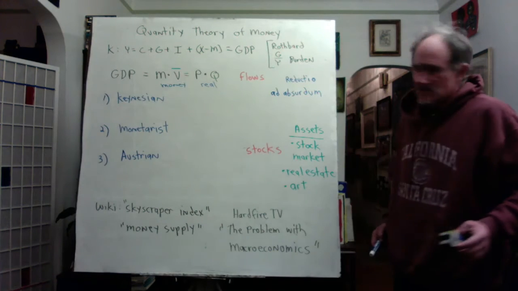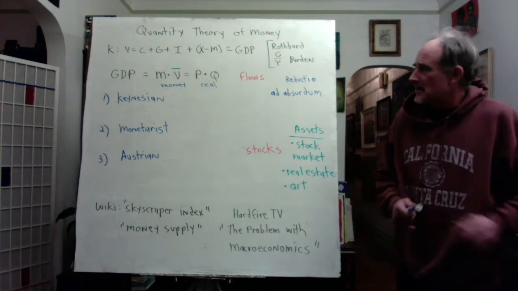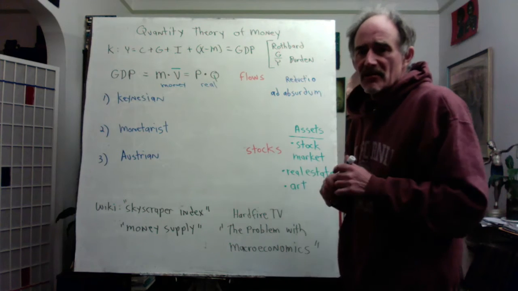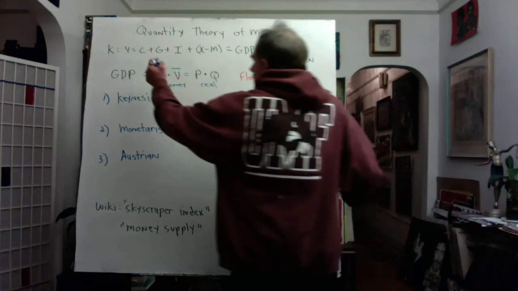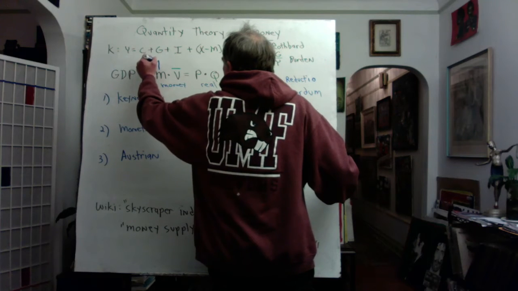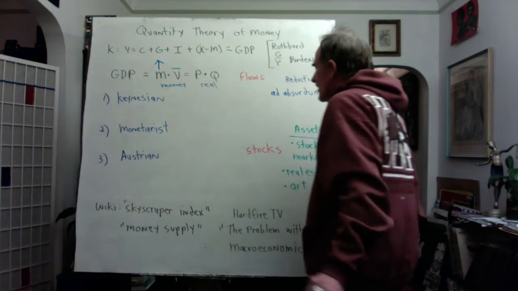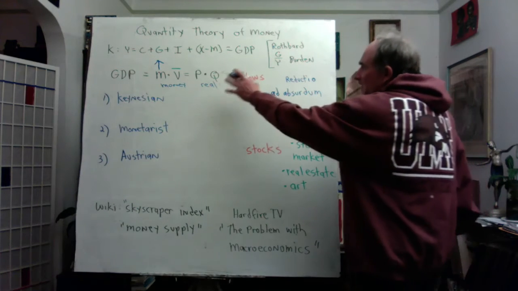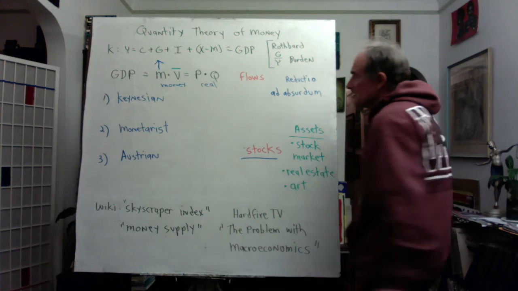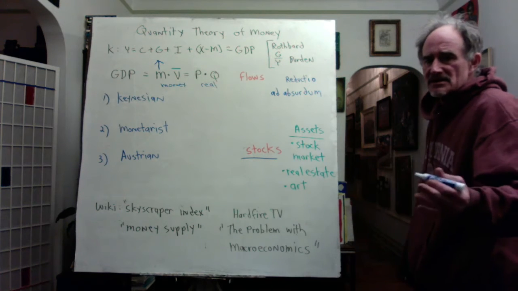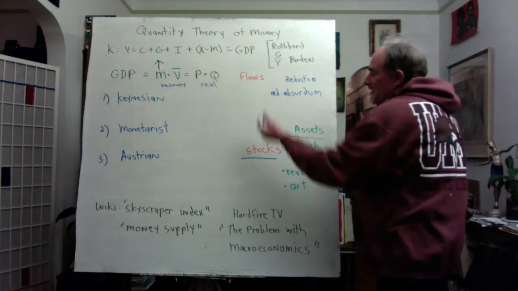Again, it's more subtle than what I'm explaining here, but when you increase the money supply, it doesn't have an effect on the real economy. It only affects stocks. So when you increase the money, stock variables, not flow variables.